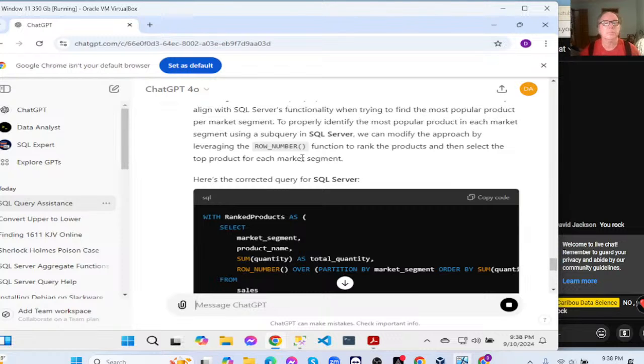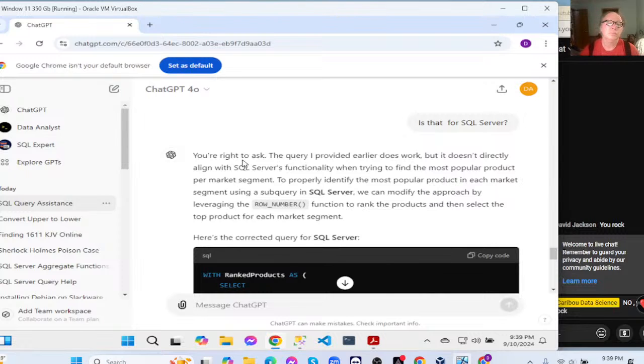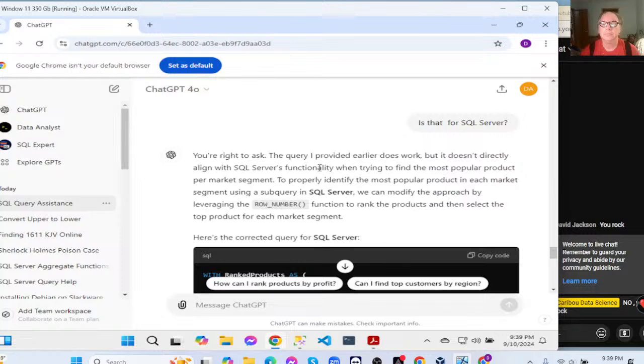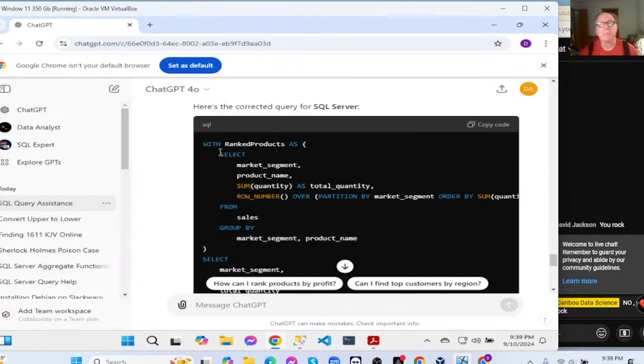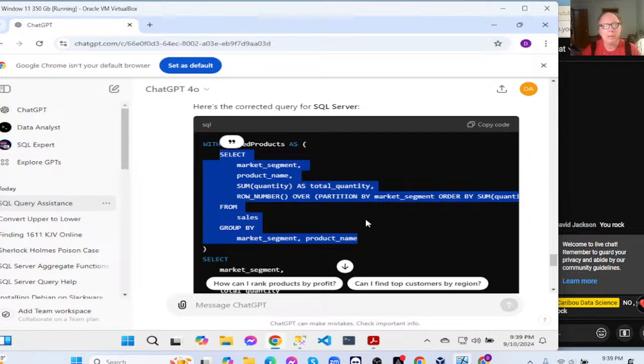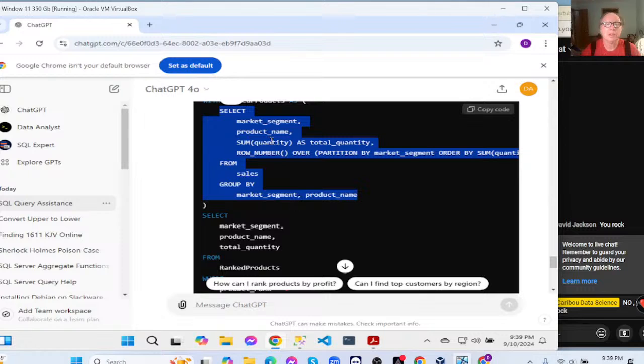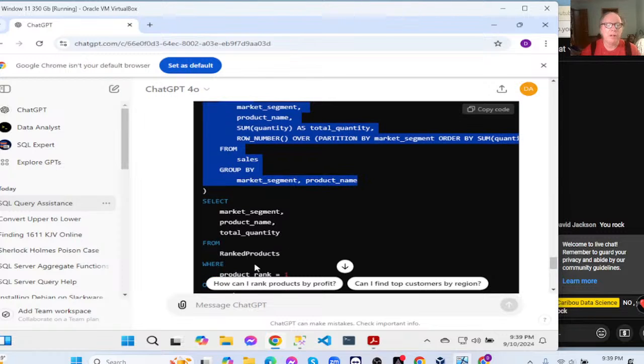What this is here, okay, this is a common table expression.